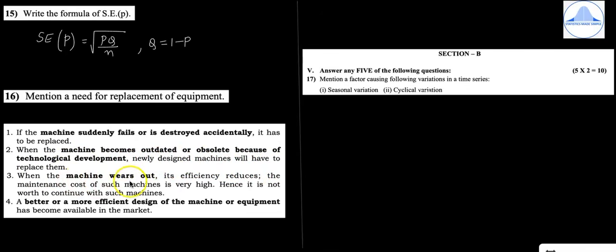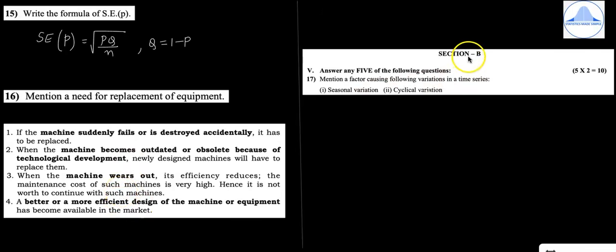Third, when the machine wears out, its efficiency will reduce, and the maintenance cost of such machines is very high. Hence, it is not worth continuing with such machines, and so we have to replace them. Fourth, a better or more efficient design of the machine or equipment has become available in the market. So you can write any one of them.